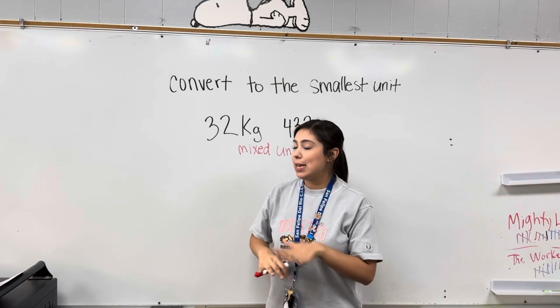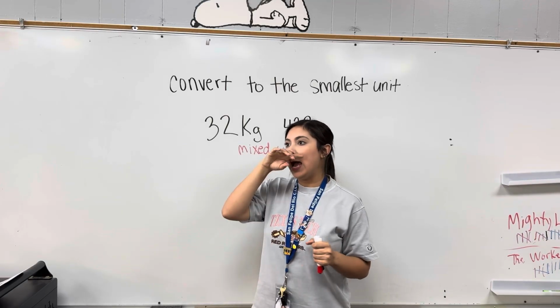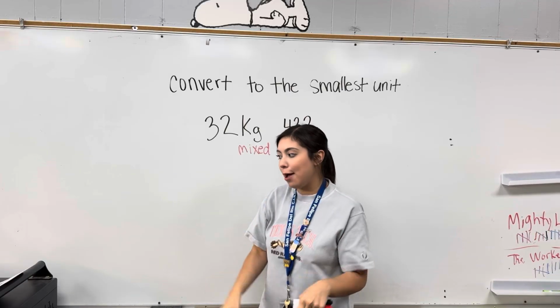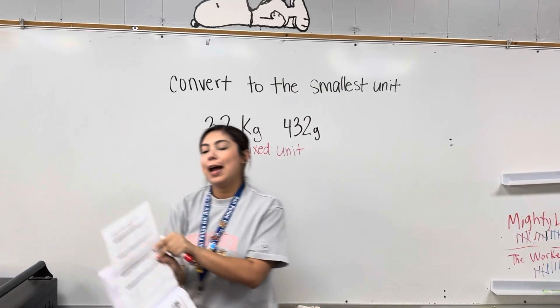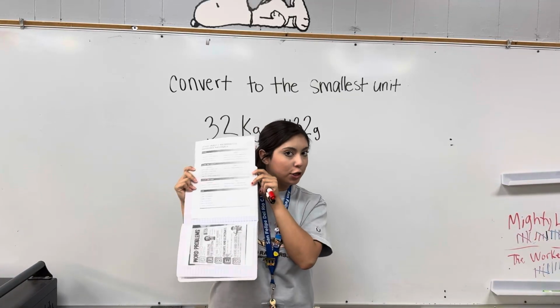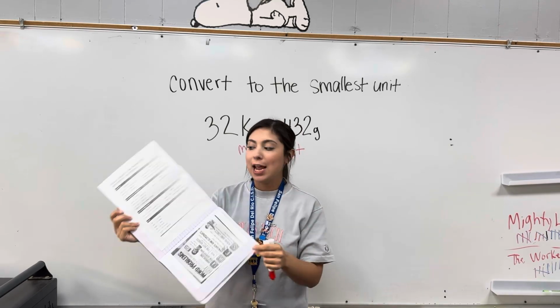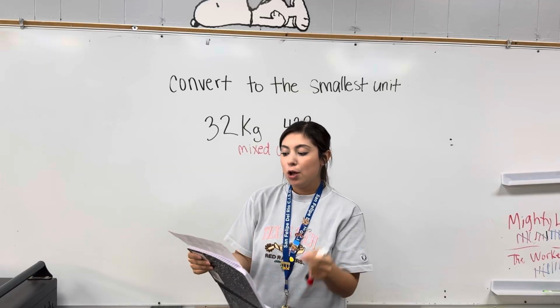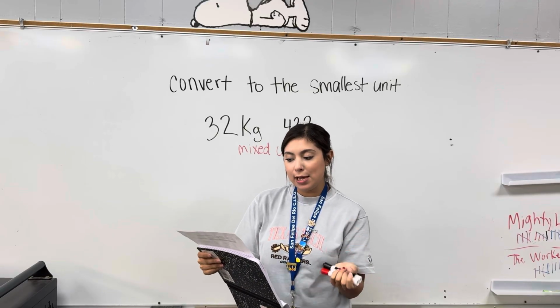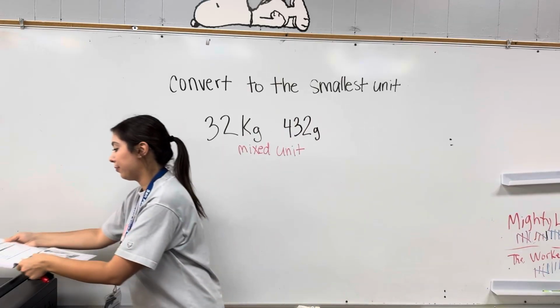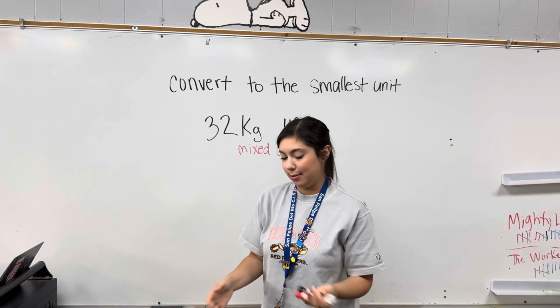If you have any questions on how many grams go into 1 kilogram, you can get your handy dandy conversions chart that you have in your journal or in your math folder, and it will tell you 1 kilogram equals 1,000 grams.